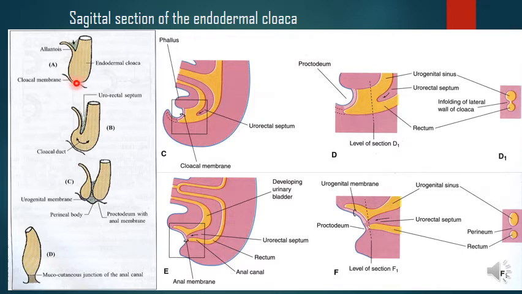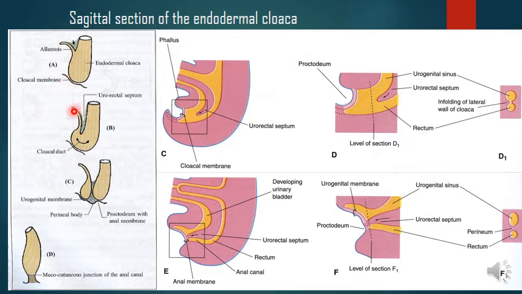Here there is no mesoderm seen, right? Where else do we see ectoderm and endoderm together? In the oral membrane, we are going to see a similar picture without the intervening mesoderm.